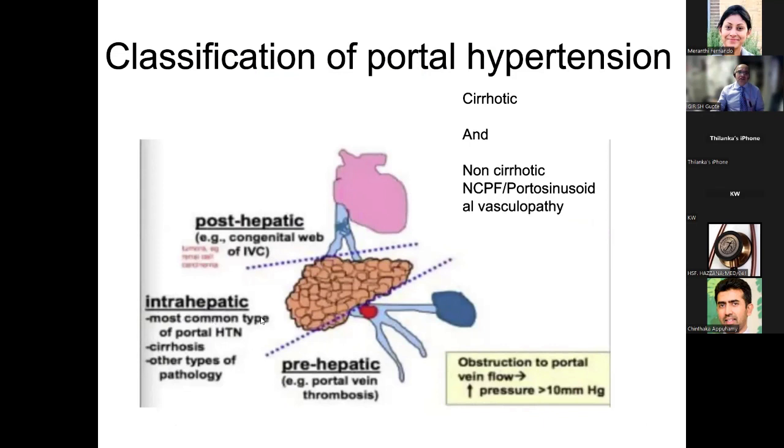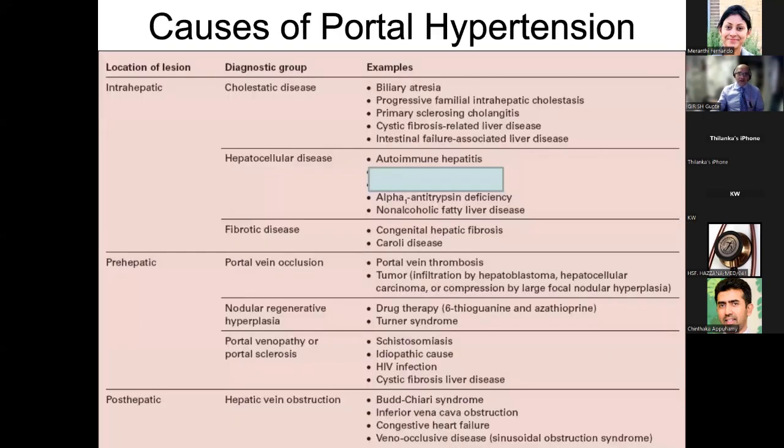The intrahepatic is further divided into pre-sinusoidal, sinusoidal, and post-sinusoidal, but I won't go into the details of that. But important to recognize is that within the intrahepatic causes, there could be cirrhotic causes and there could be non-cirrhotic causes, which is termed non-cirrhotic portal hypertension or portosinusoidal vasculopathy, which is now the preferred term, and I will come to it further down during the talk.